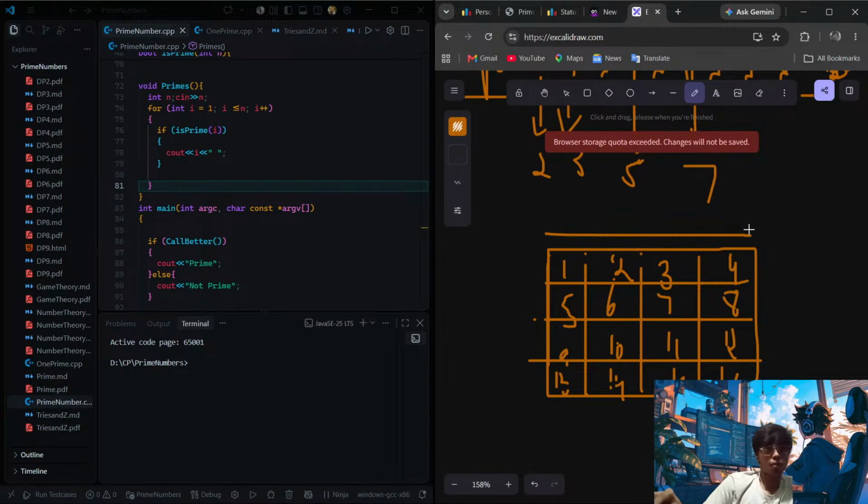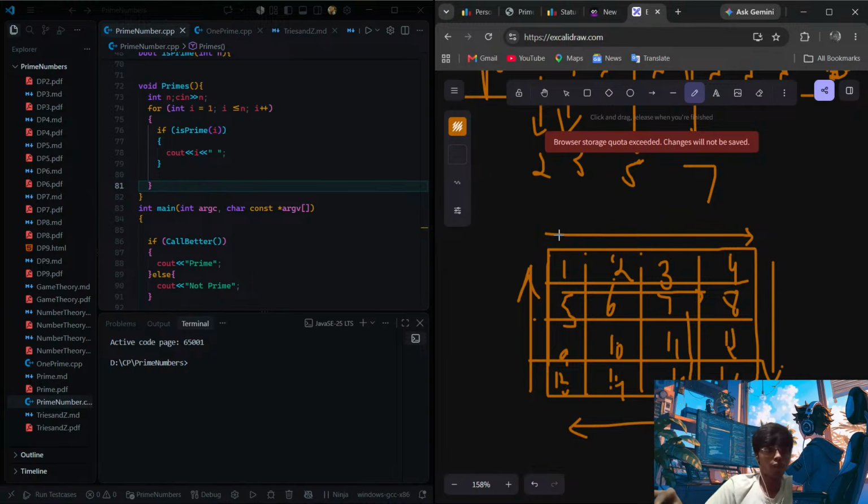Okay, so first you have to print this, and then you have to print this, and then this, and then this, something like that. Okay, something like that you have to print, right?